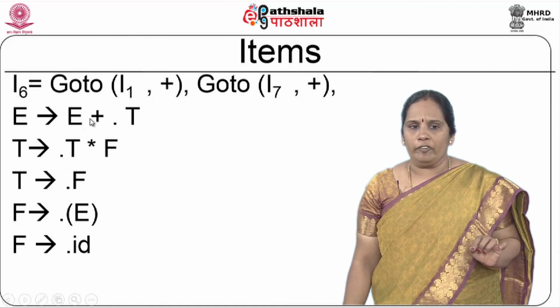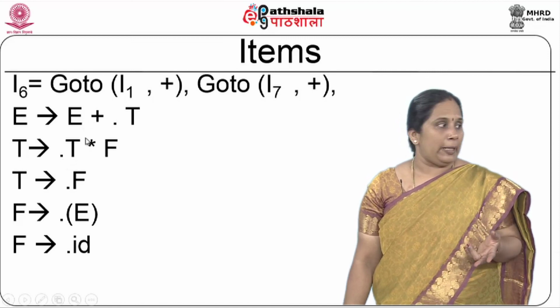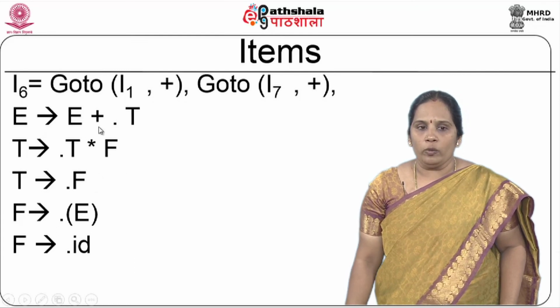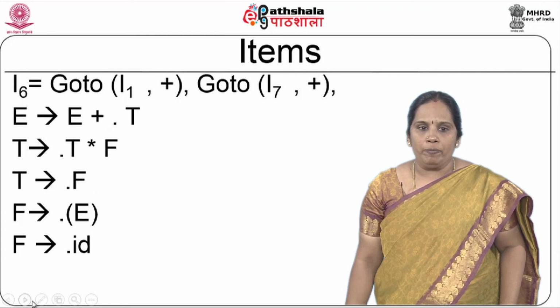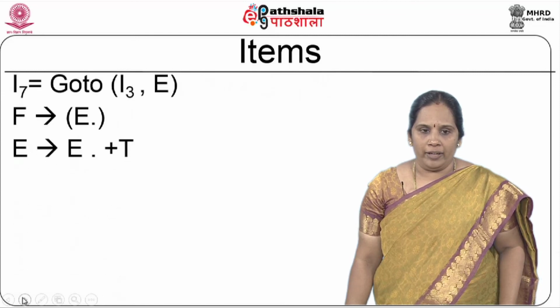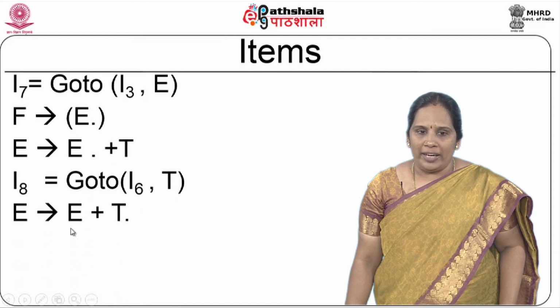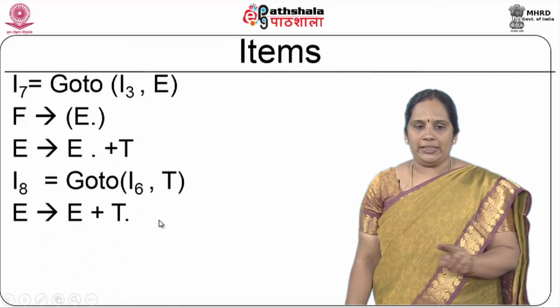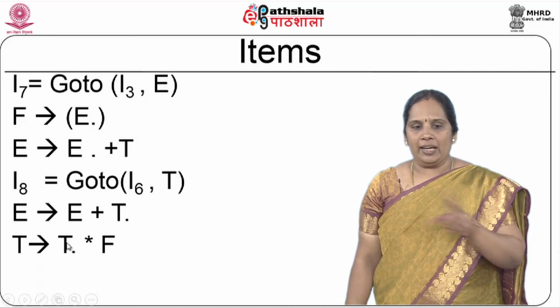So, these two will qualify for goto of I6 comma T. Goto of I6 comma F, this alone will qualify. If you look at goto of I6 comma T, I can take that as a final example. So, for goto of I6 comma T, two productions have to be considered as a set, which is E produces E plus T dot and T produces T dot star F.